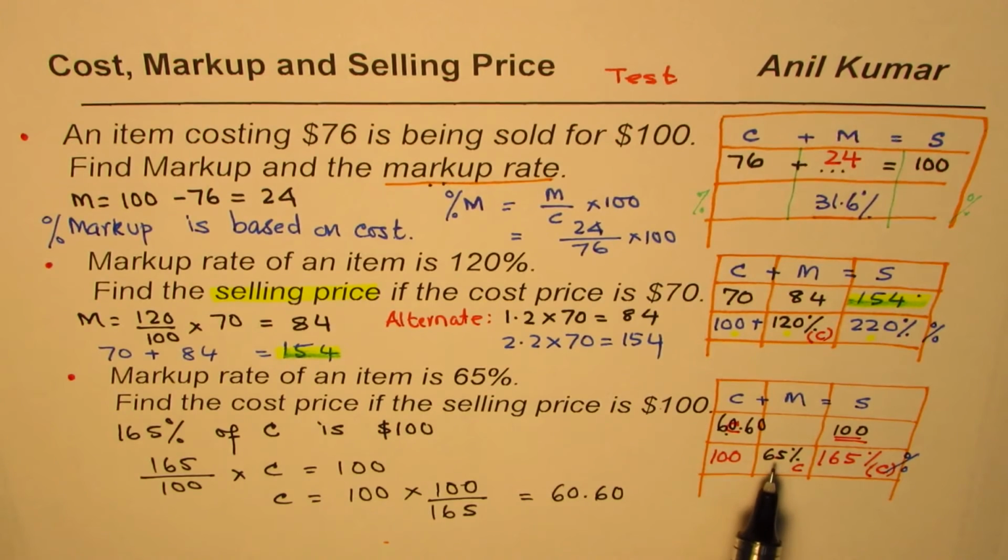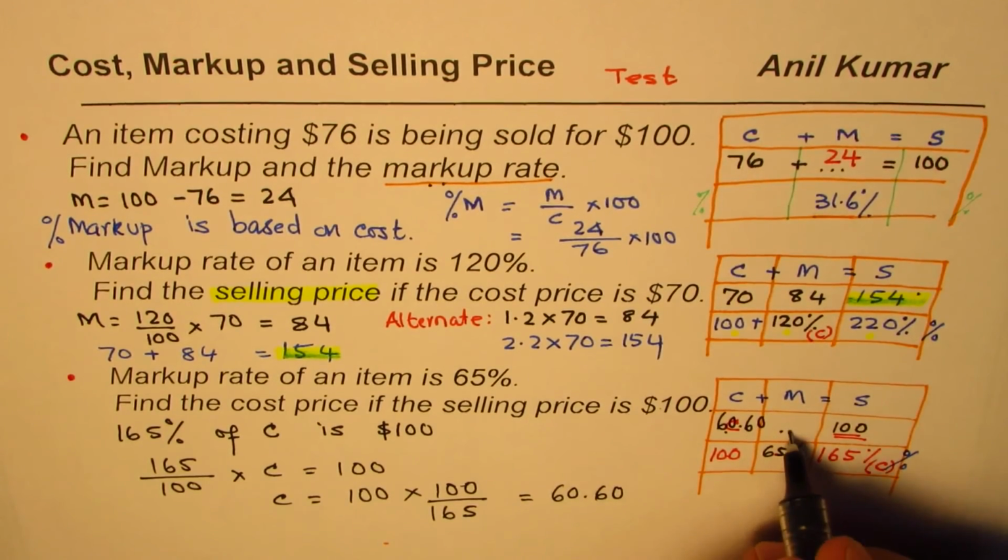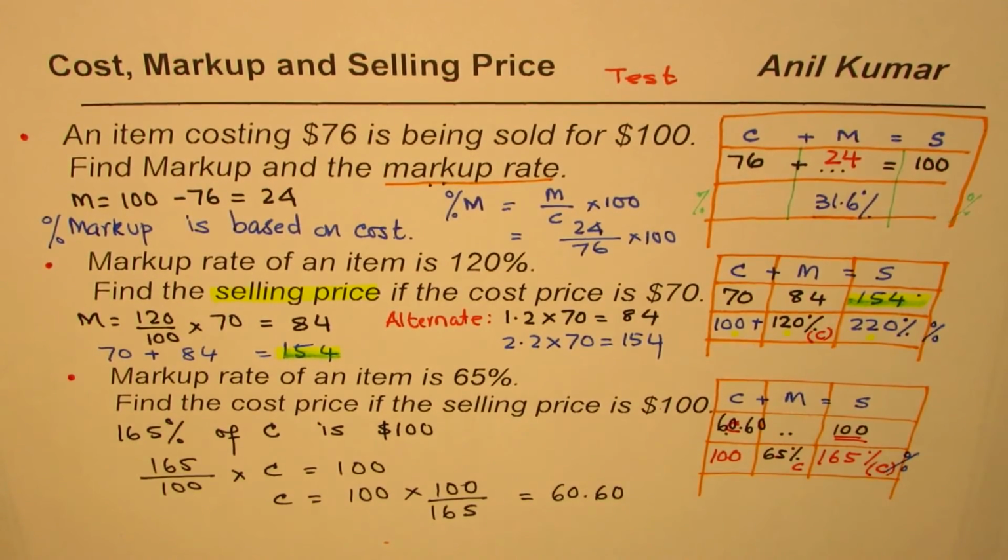If we have a markup of 65% on 60, it will be around $40, and you add it, you can get the selling price. Okay, so anyway, we have a direct calculation here which gives us the value of cost price. So as a part of check, let us calculate the markup now.